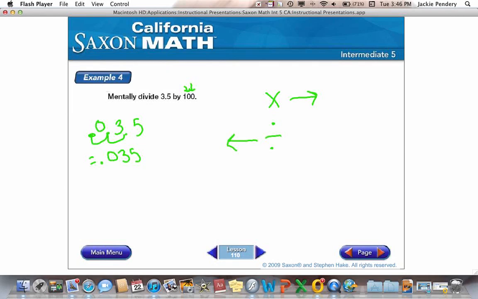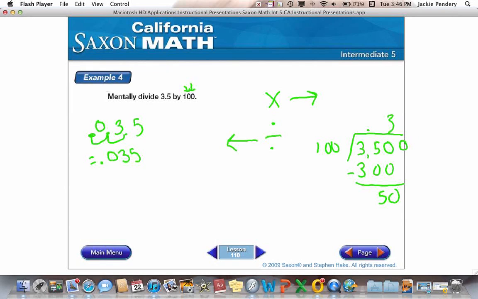I can confirm this by actually working it out. Okay? 3.5 divided by 100. Well, 100 doesn't go into 35. But it goes into 350 3 times. 3 times 100 is 300. I subtract.